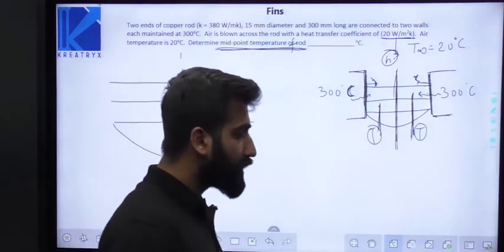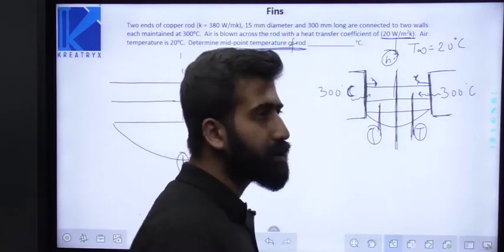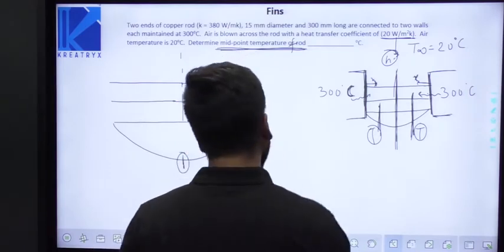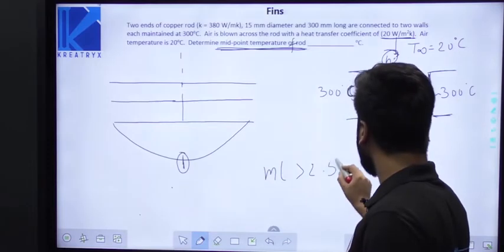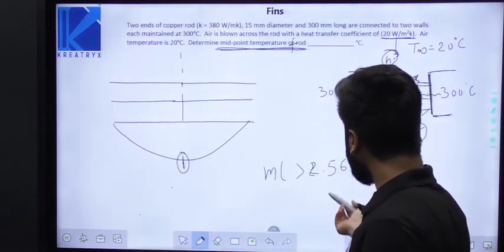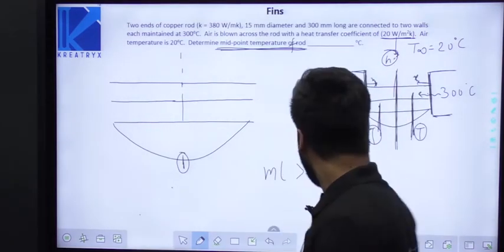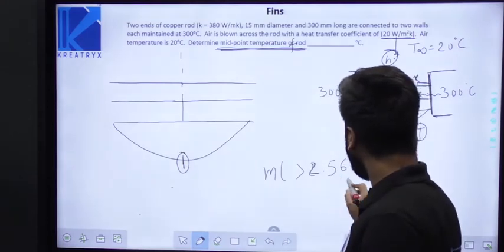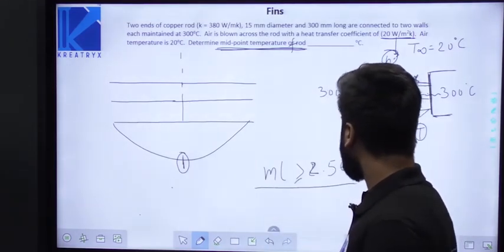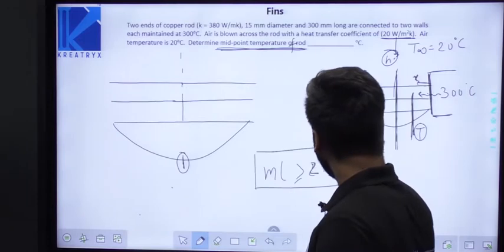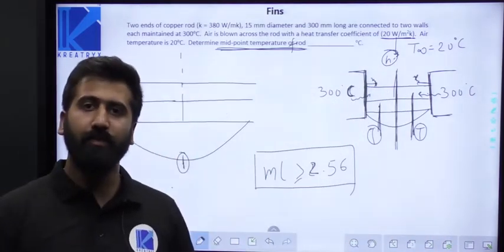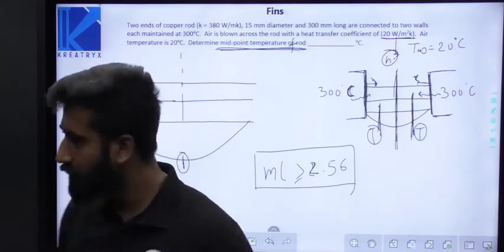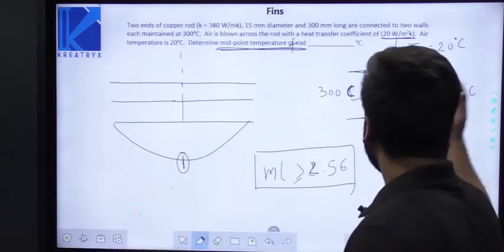If nothing is mentioned in the question, you always have to check whether ml is greater than or equal to 2.56. In some books it is taken as 2.86, but generally we use ml greater than or equal to 2.56. If ml is greater than or equal to 2.56, the case will be of an infinitely long fin. So let's check this condition.